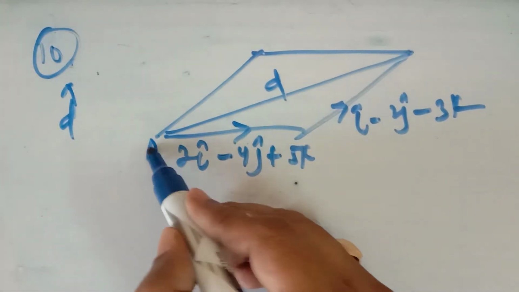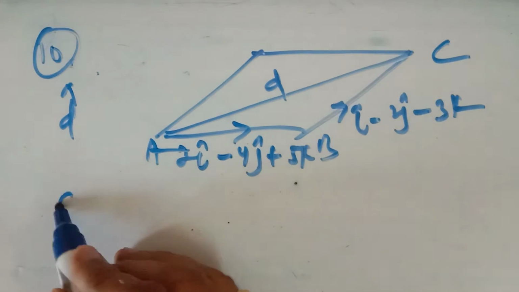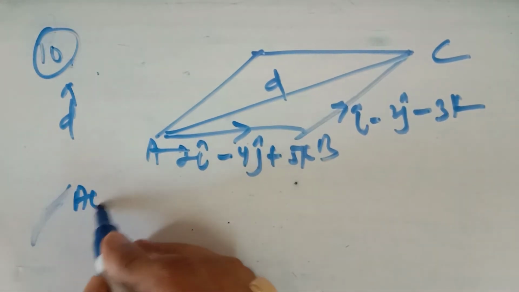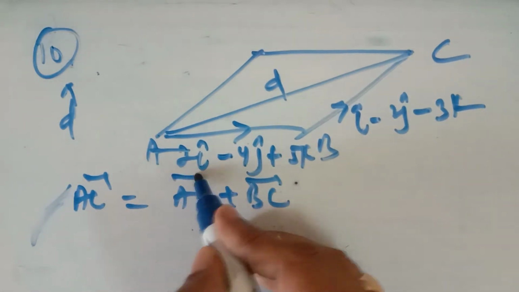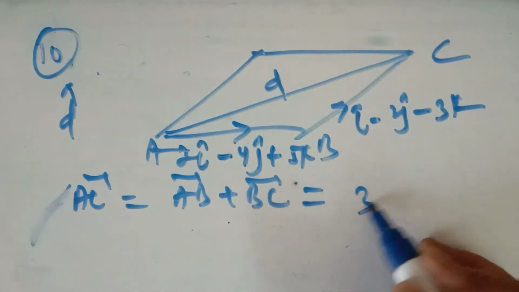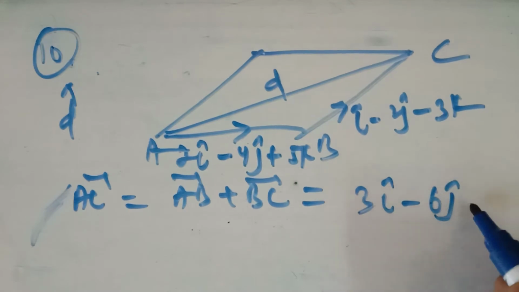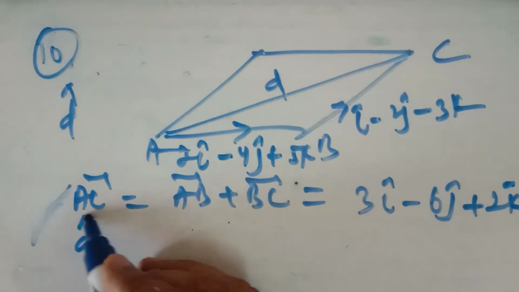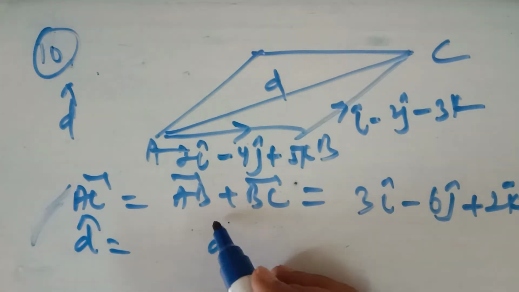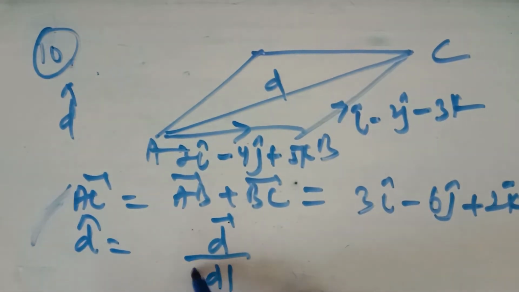Now by using the triangle law of addition of vectors, AC will be equal to AB plus BC. The resultant of these two vectors means you have to add these two vectors, 3i minus 6j plus 2k. This is the resultant, and you have to find d cap. So d cap is vector d divided by the modulus of this vector.